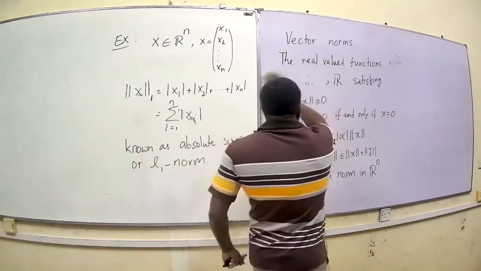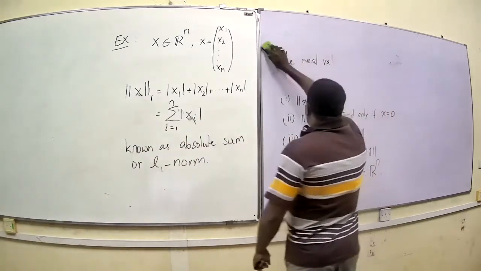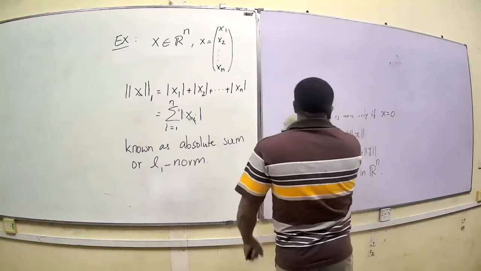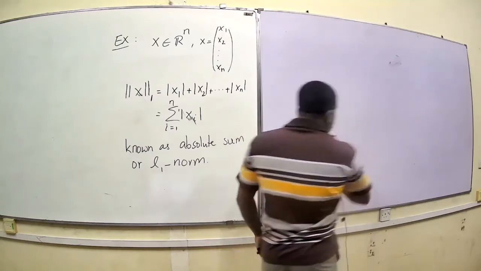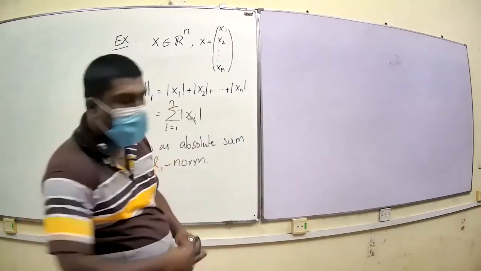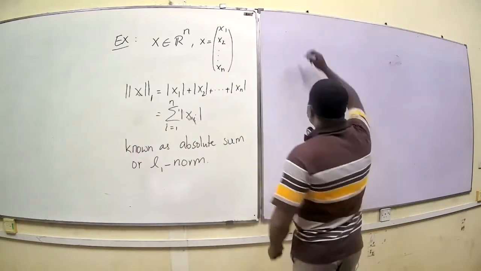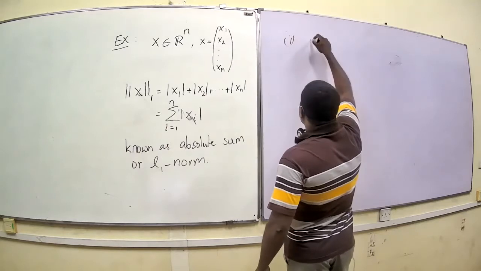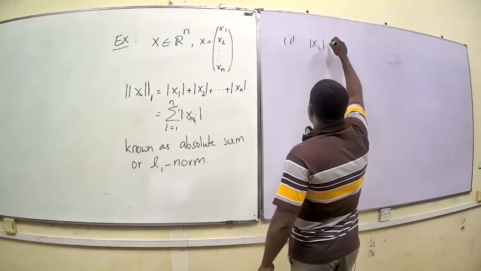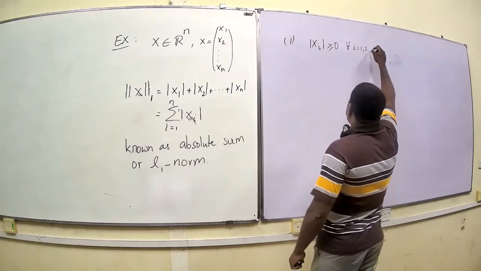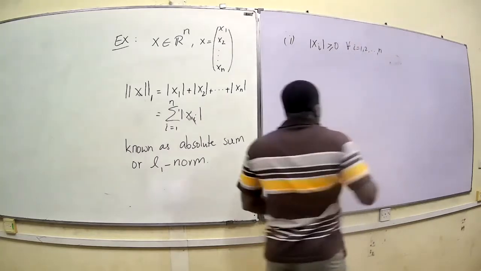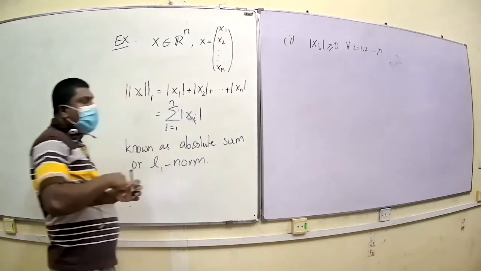For this one only I will show you how to check; for the others we will just use the norm, not check. For this one it is simple, so I will show you. First one: this you all know.